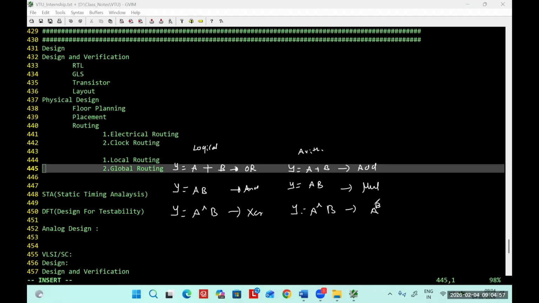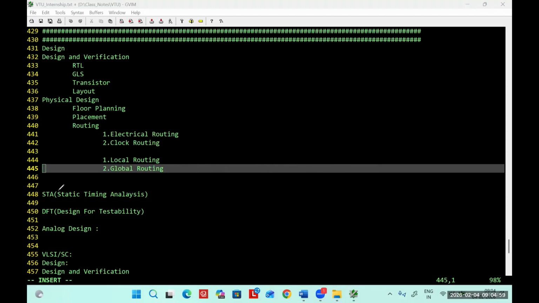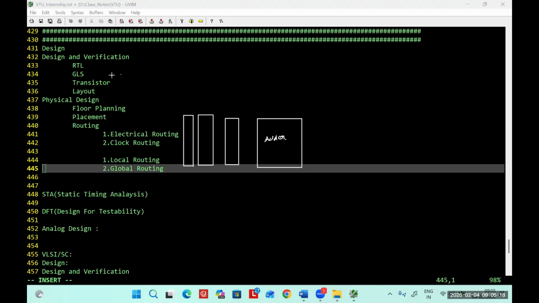Okay, let's move on. Design you have done. What will you do next? See what you have done: not design, you have done one adder. Suppose, what do you do next? These are inputs.